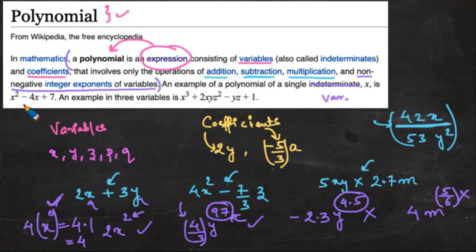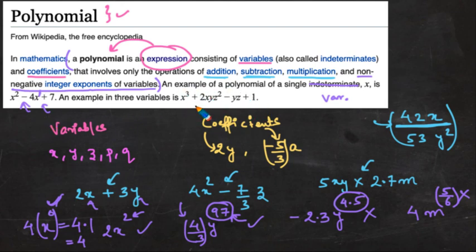It involves subtraction and addition. It does not involve division, so the condition is satisfied. The power of the first variable is 2, which is a non-negative integer. The power of x is 1, which is again a non-negative integer. So this is acceptable. Hence, this would be a polynomial.